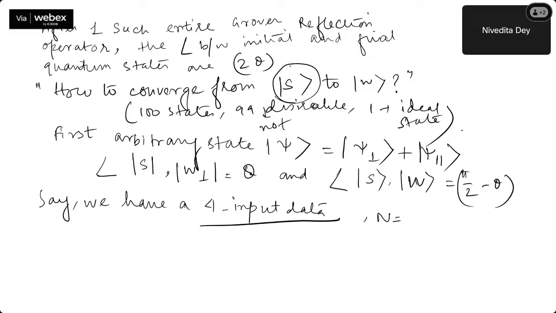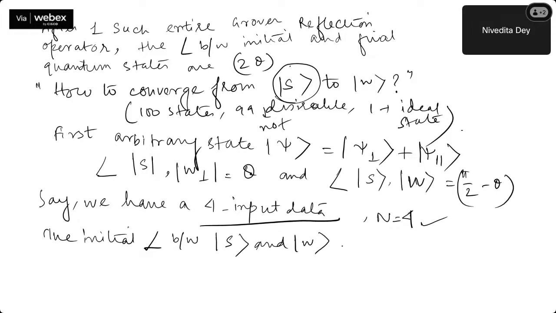So if I have 4 inputs, I should be taking 2 qubits, but my number of states should be equal to 4. So 4 data means 4 states. Okay. So the initial angle between S and W is what?